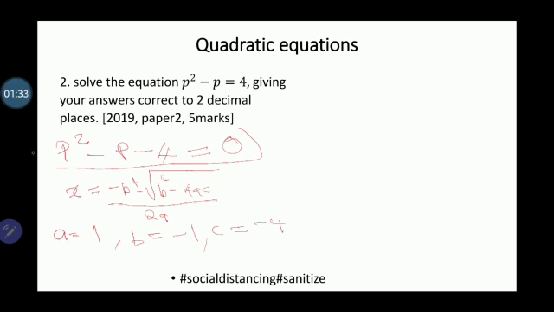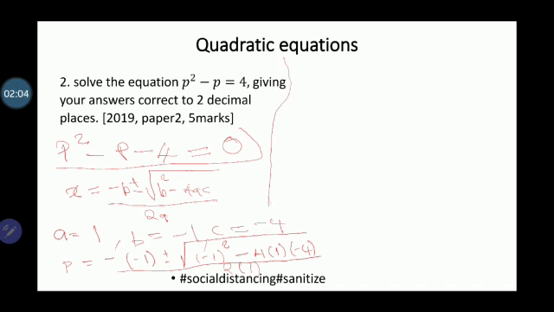Making the substitutions to find p. Notice that our equation just has p and not x. So we're going to have p is equal to minus, our b is -1, plus or minus the square root of -1 squared minus 4, a is 1 and c is -4, divided by 2a, and a is 1. We simplify that one.